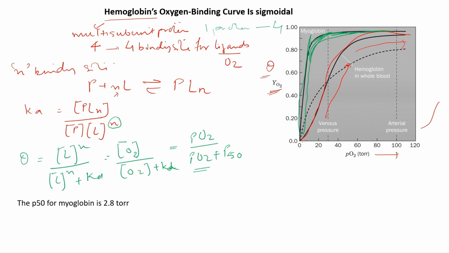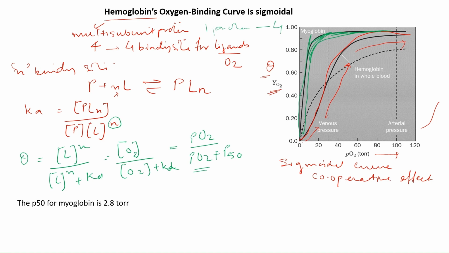Why is the graph not as steep as myoglobin in the beginning? The reason is that such a sigmoidal curve is produced because of the cooperative effect. What do we mean by cooperative effect? Cooperative effect means the binding of one ligand will affect the binding of another ligand.